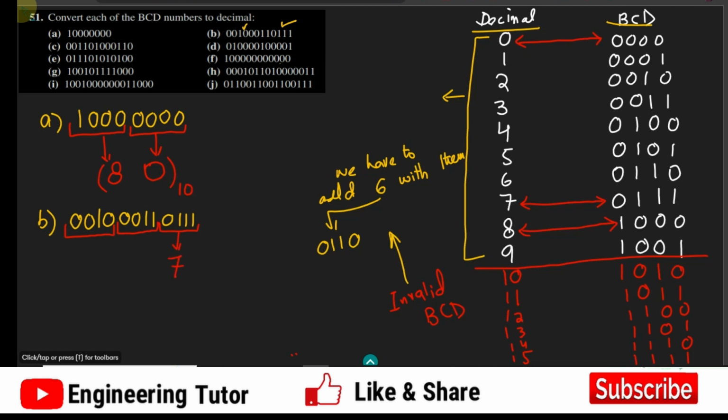Similarly, 0 0 1 1 is here, and we can see that this is equal to 3, while 0 0 1 0 is 2. So now this is 237, and this is the answer of my question: 237 in decimal is equal to this number. So that is the solution of part A and part B.